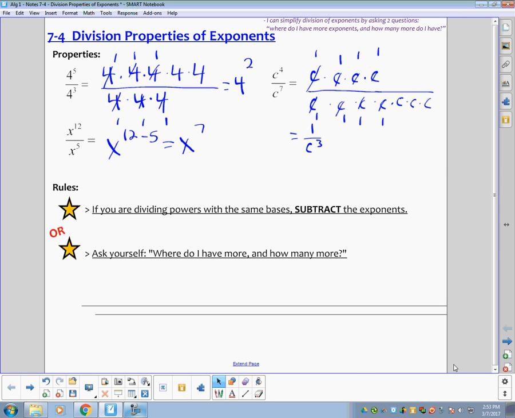If you're dividing powers, what do we do with the exponents? Big, bold. So we've seen when we're multiplying powers, we add, and when we're dividing powers, we subtract.